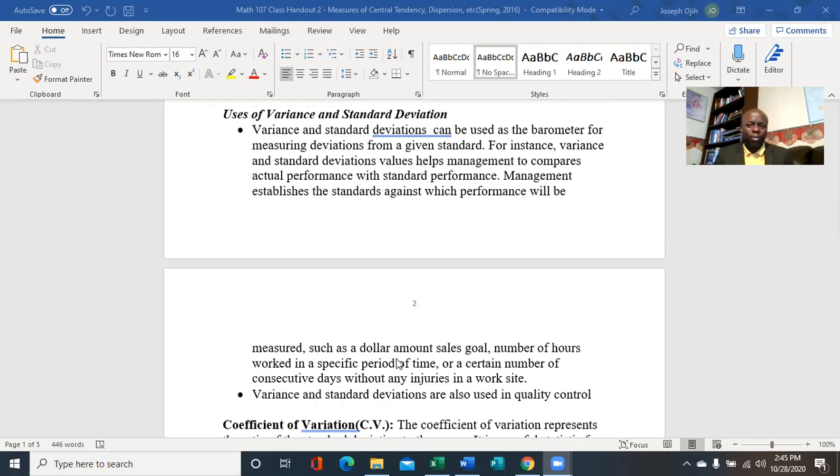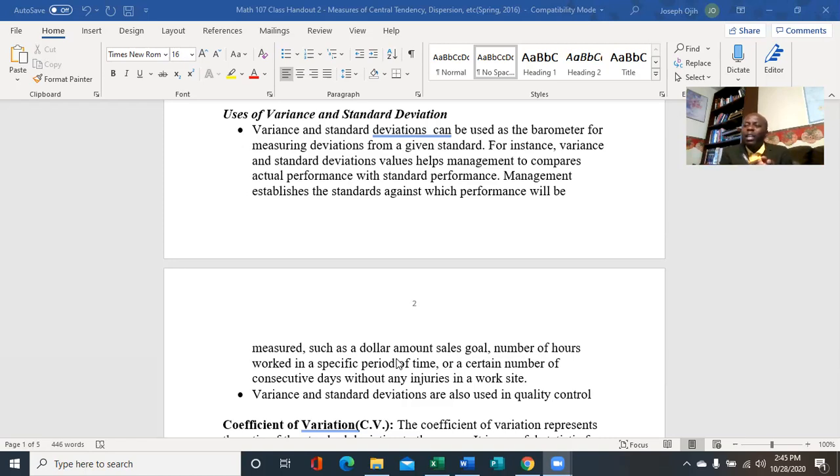We use the variance and standard deviation to compare the actual performance of sales or hours of work to the standards that are set up by the company.